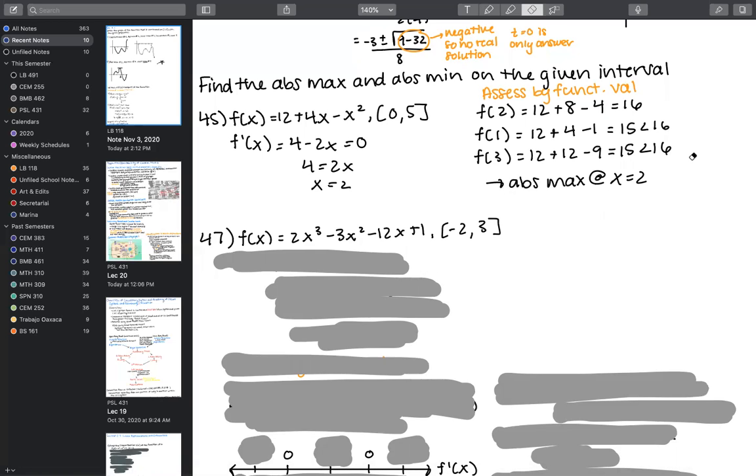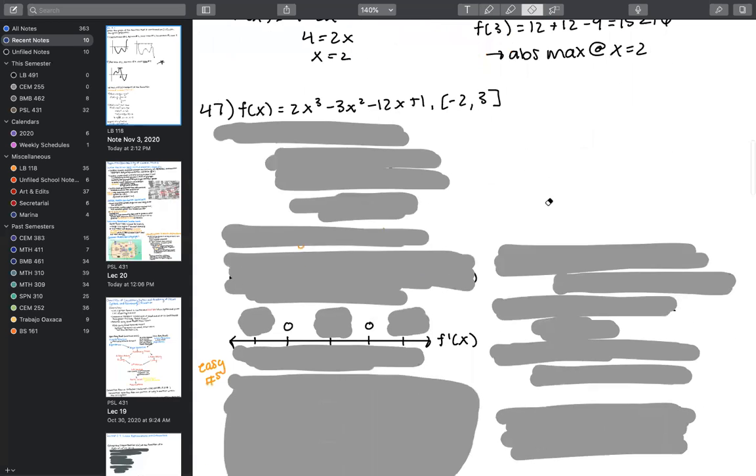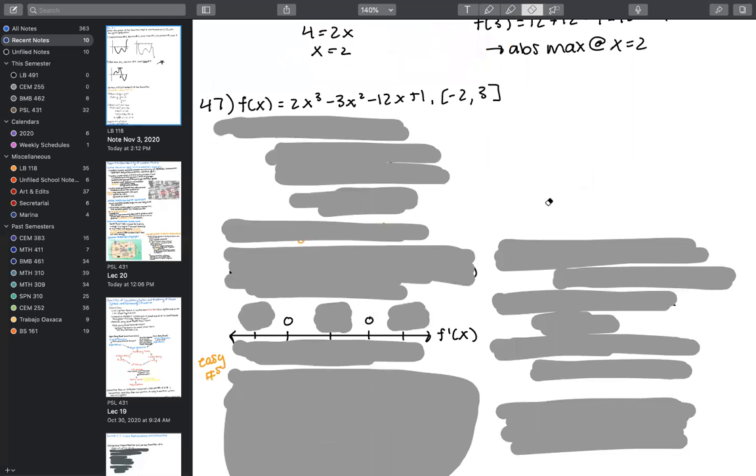And also, if you were given just this problem and asked to assert whether or not x equal to 2 is a max or a min, and you weren't told to use a number line or a candidate's test, these are things that have not been introduced yet, by me at least, then you could do this and you would still get the right answer. But going forward, we will use the method that I'm going to use in 47 a lot more often.